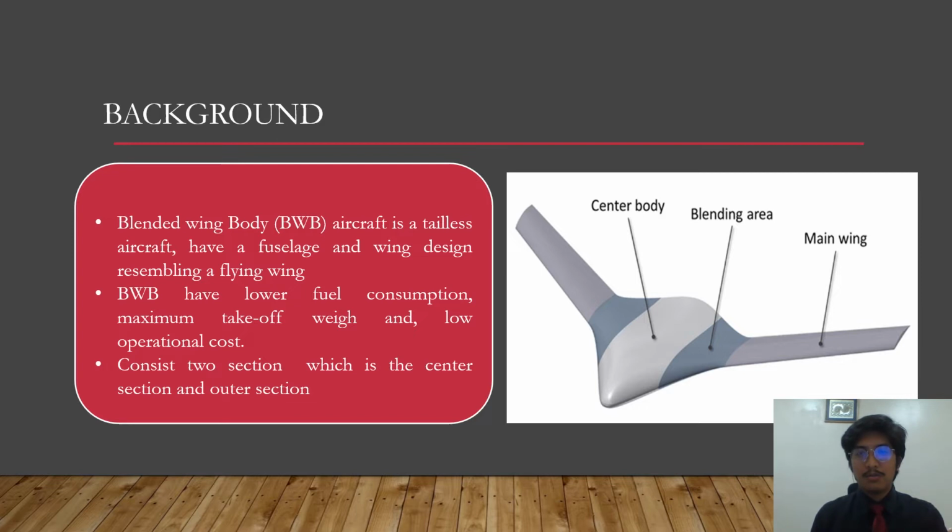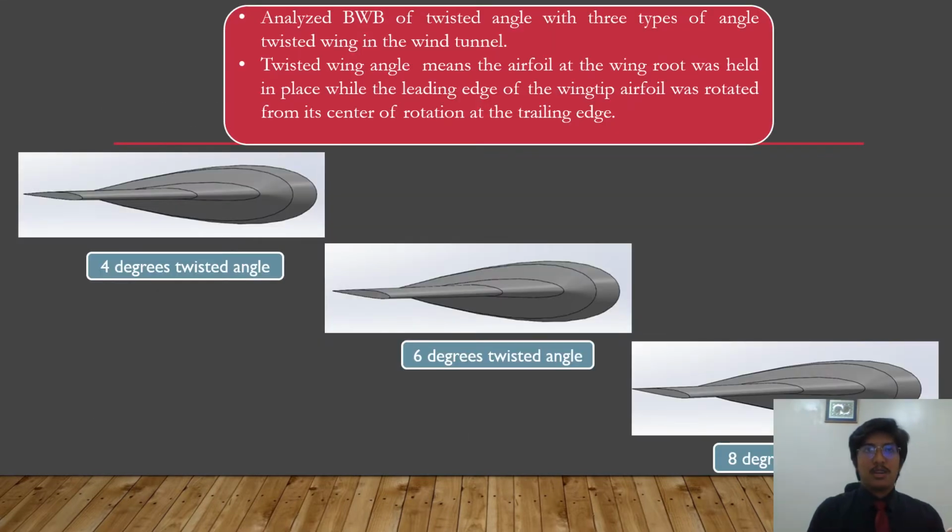So this is why it is called a blended wing body aircraft, because the main wing of the airplane is blending to the fuselage or the center body.